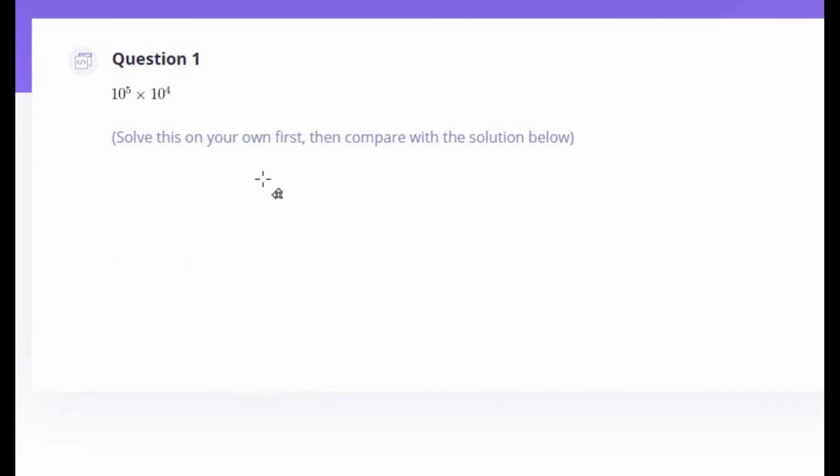And to solve it, we simply say, quoting the first law of indices, which says that x raised to the power a times x raised to the power b is equal to x raised to the power a plus b. Now, why is this? You look at the term x.